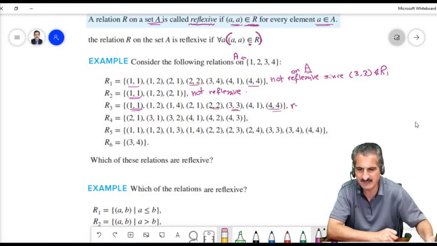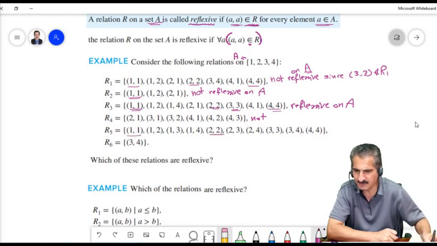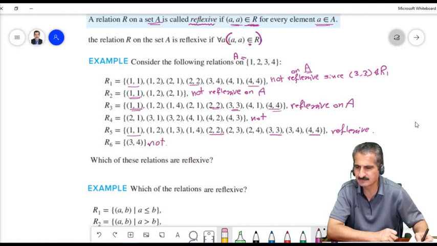So this is reflexive on A, and I will say here always on A. What about R4? We don't have (1,1), (2,2), (3,3). So this is not reflexive on A. In R5 we have (1,1), (2,2), (3,3), (4,4). This is reflexive on A. R6 is not reflexive on A.